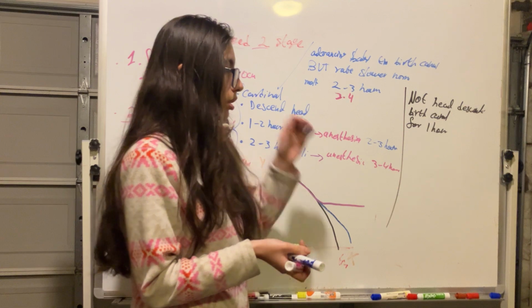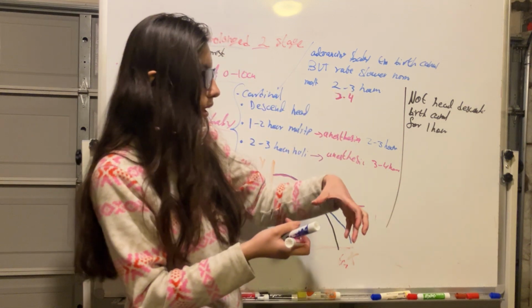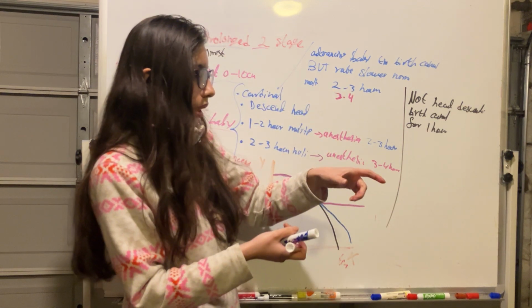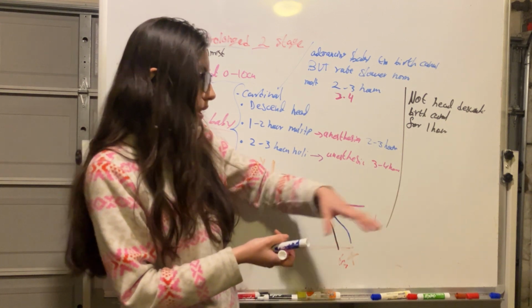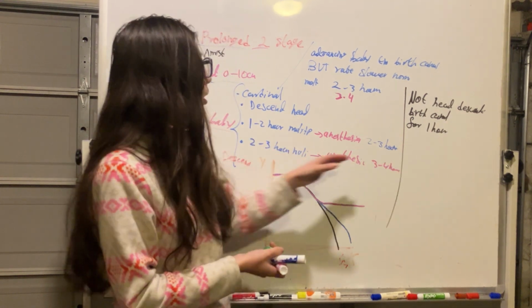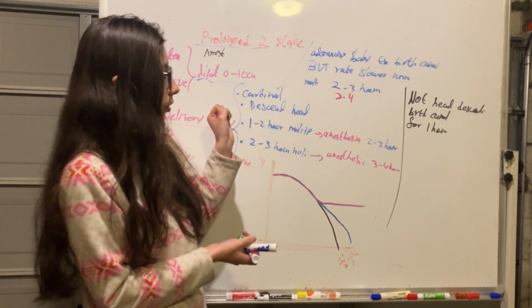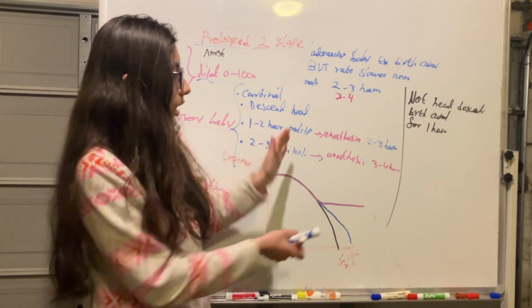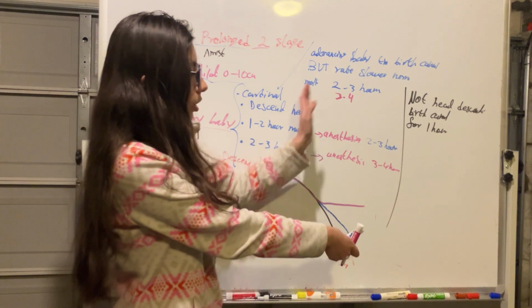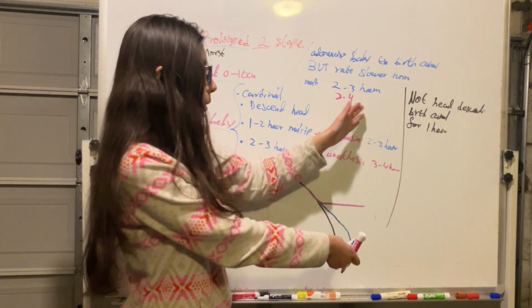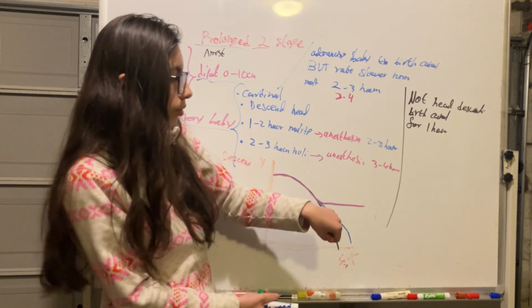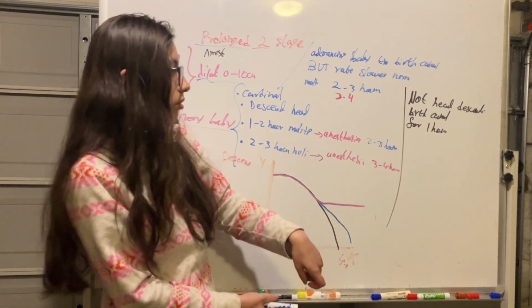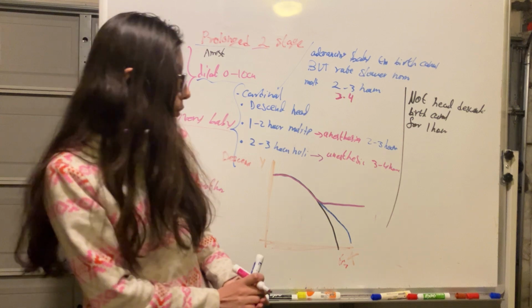So during second stage, which is when the baby is descending, if during 1 hour there is no change in head descent, that is arrest of second stage. If the head is descending, this has been taking more than 3 hours for multiparous, or more than 4 hours for nulliparous woman, but the head continues going down, this is just prolonged stage 2.